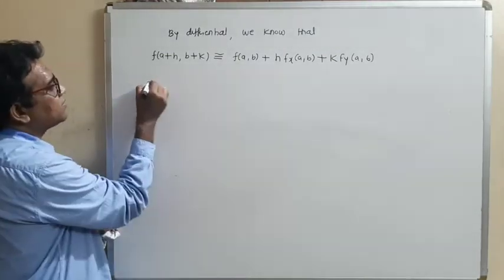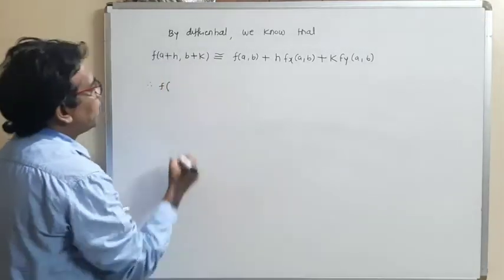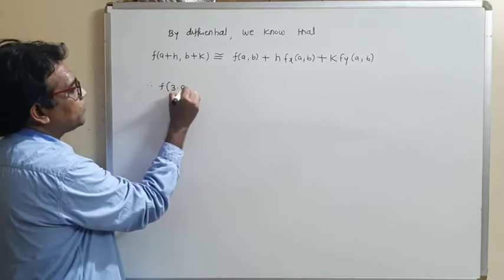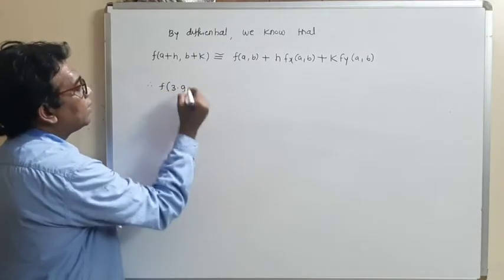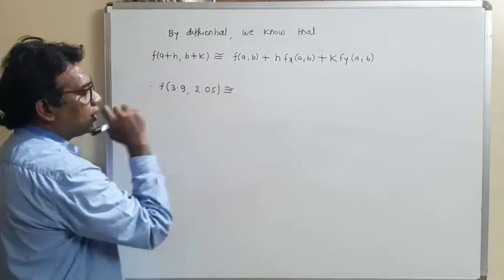So just put the values. f of, now what is our a plus h? a plus h will be 3.9, b plus k is 2.05.